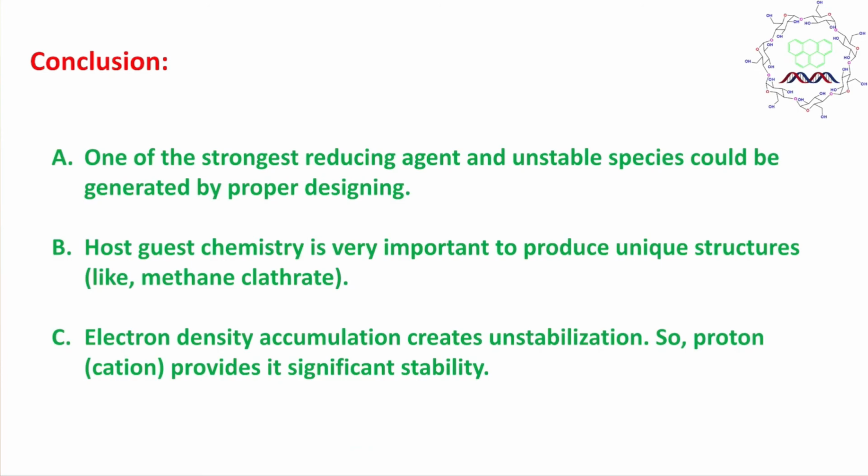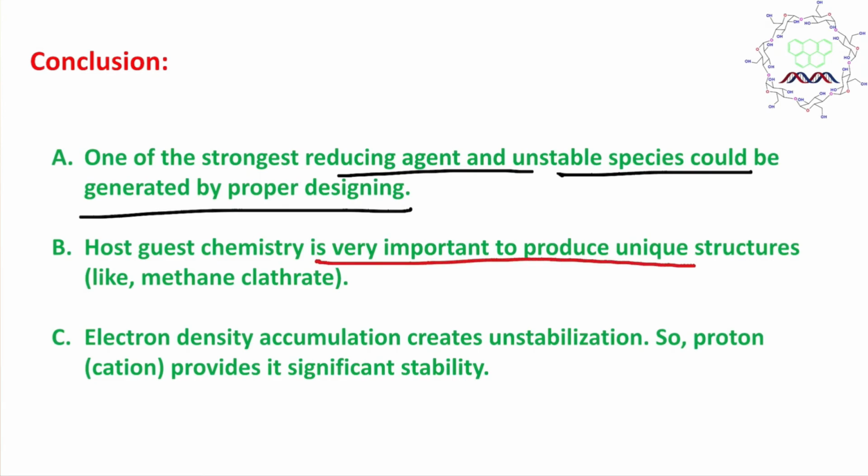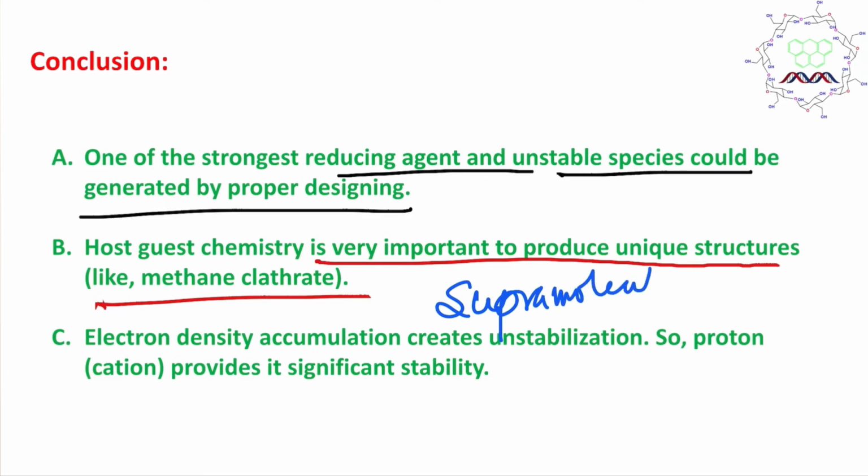Now, in conclusion, what we have learned today: one of the strongest reducing agents and unstable species could be generated by proper design, and that is the smartness of chemists. Host-guest chemistry is very important to produce unique structures like methane clathrates. Host-guest chemistry is unique because it can provide supramolecular stability, a huge stability, which we'll discuss in some other video.